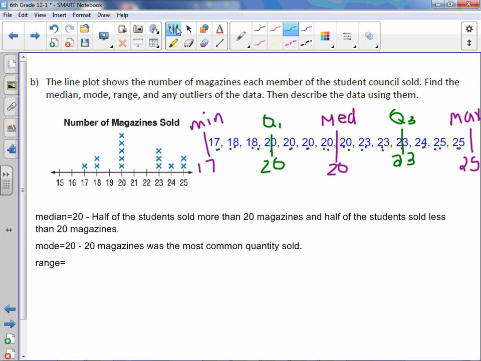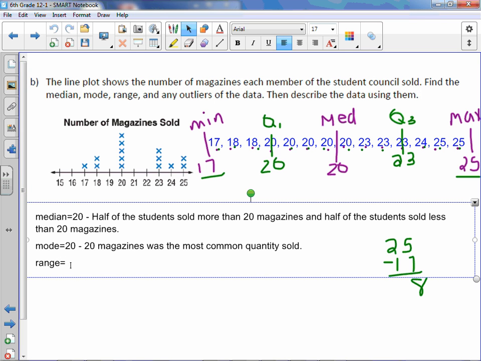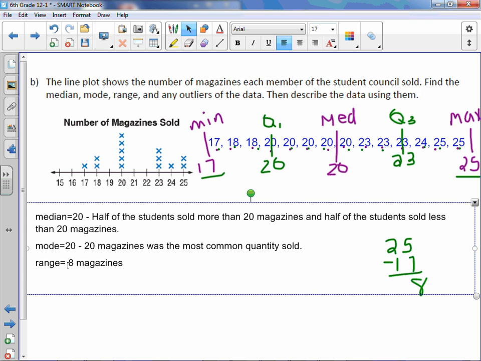So to find our range, we take 25 minus 17. When we do that, we get 8. So the range is 8 magazines. And again, that's pretty self-explanatory, so we don't need to expand on that.